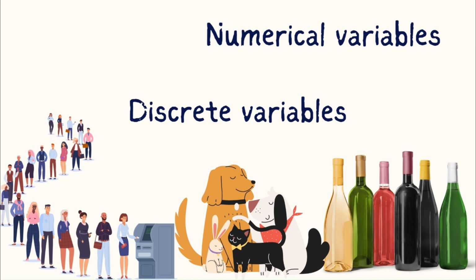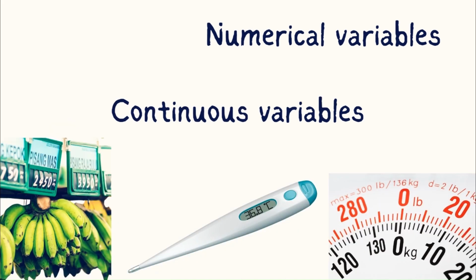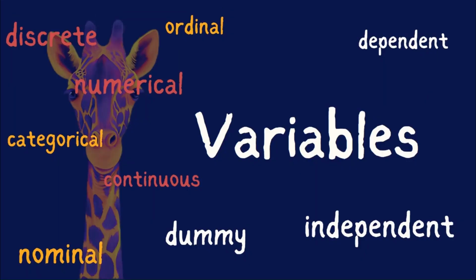In real life, we can't observe 5.2 people in line. Continuous, on the other hand, means the variable can take any value within a range, fractions as well. The income of a family, the price of fuel, the monthly energy consumption, or the weight. They are all continuous variables. So look how much we've covered so far.